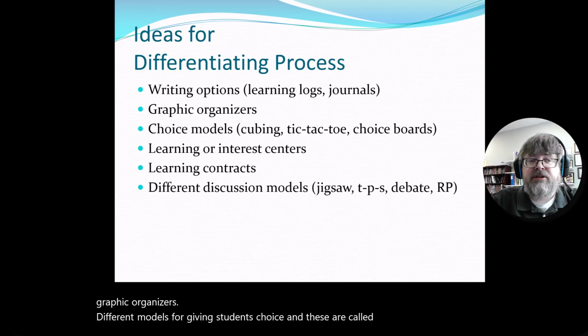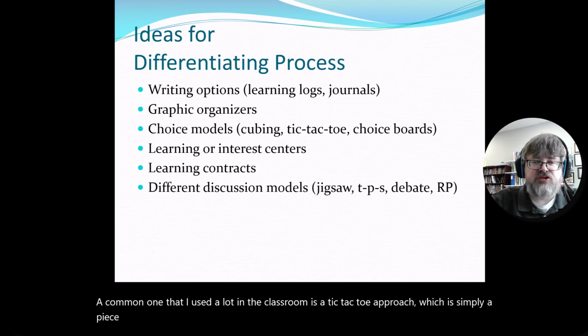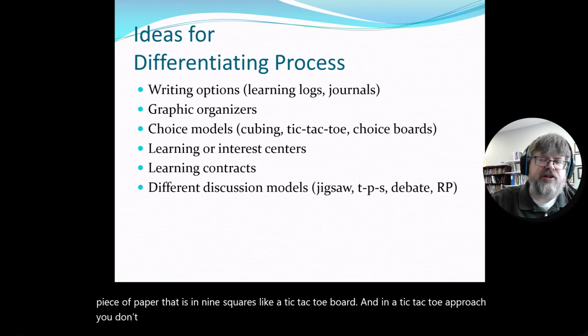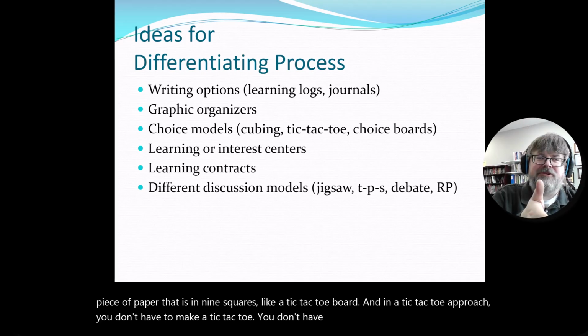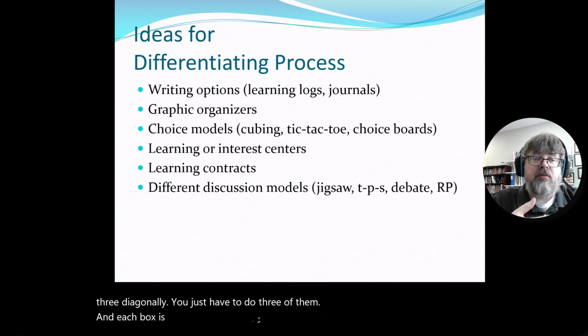A common one that I used a lot in the classroom is a tic-tac-toe approach, which is simply a piece of paper that is in 9 squares, like a tic-tac-toe board. In a tic-tac-toe approach here, you don't have to do 3 across or 3 vertically or 3 diagonally. You just have to do 3 of them. And each box is a different activity to do as the student is learning.